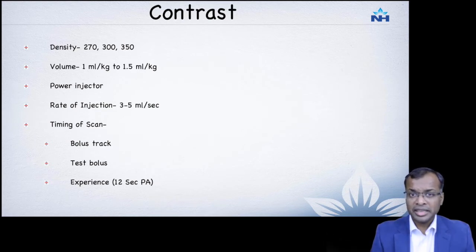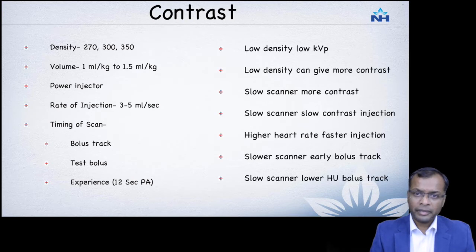This has now been replaced by what is called the bolus tracking method, whereby we give the contrast and track it arriving at one particular point, and we keep checking every few seconds, and once it reaches a good level, we start the scan.